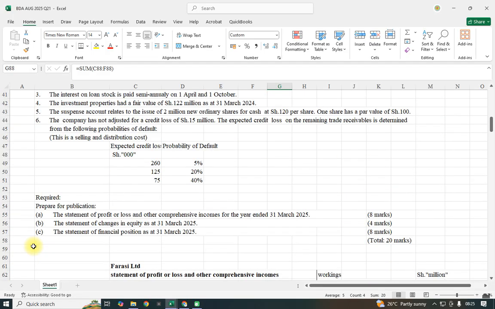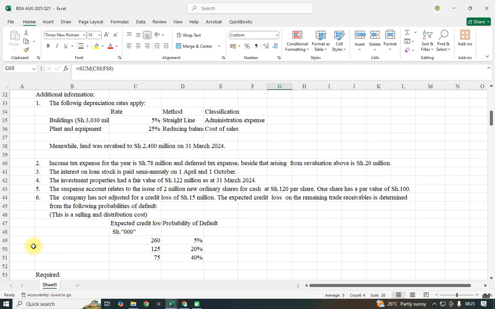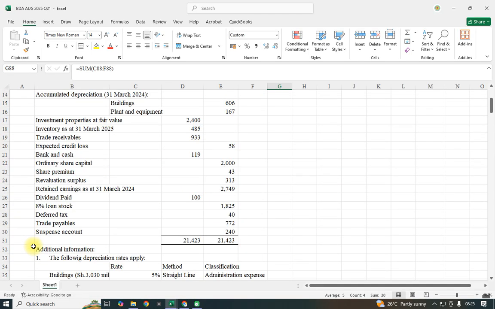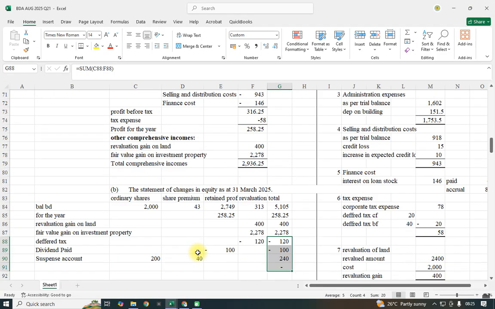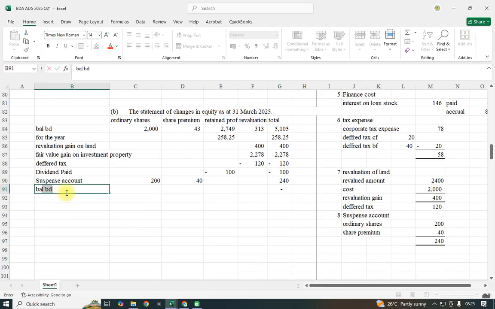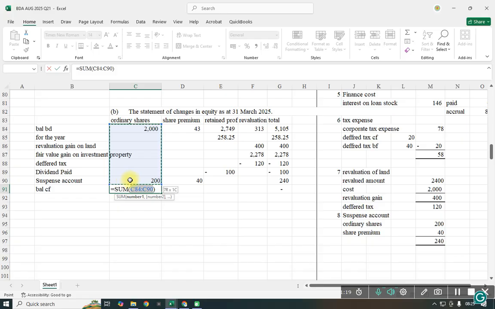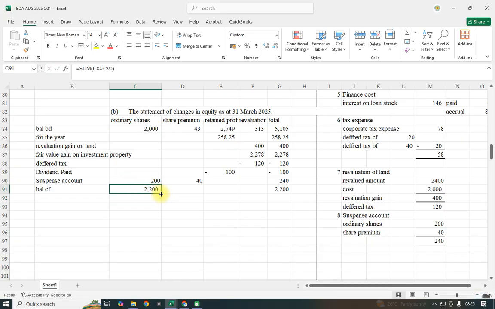I think that was all that was available in this question, so we have covered all for that part. Now just get the balance carried forward, get the total, and add this, and here we shall include the 2.